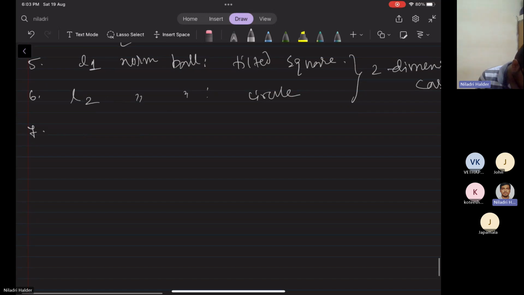Then the next question is f of x1, x2, where let us take this vector as having two elements only, x1 and x2.